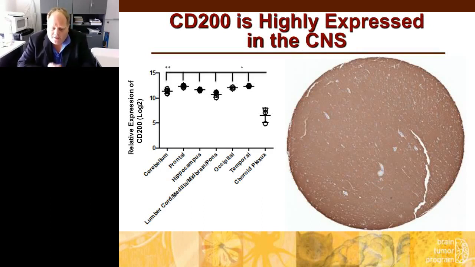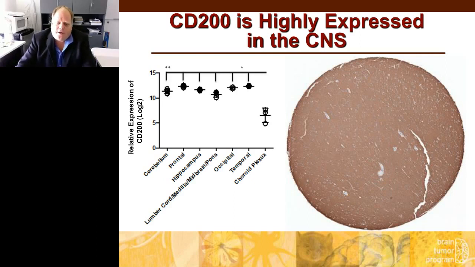So we started looking in on healthy donated CNSs at autopsy, and we showed that CD200 is highly expressed, at least by transcription, throughout most of the central nervous system. And you can see here, in brown, that's protein levels of CD200 in the normal central nervous system.